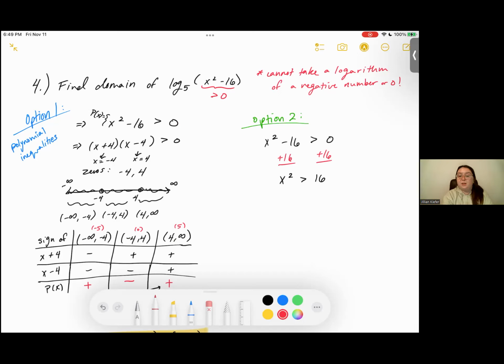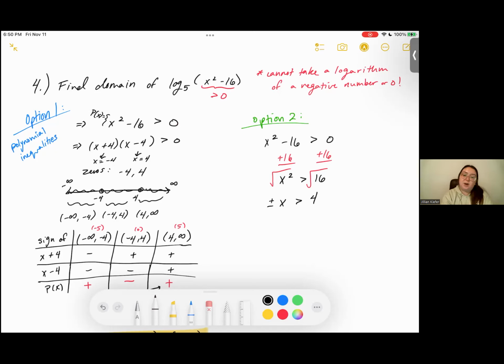The only way to get rid of the square is to take a square root. So we take the square root of both sides. And we would get x greater than, and typically this is where we would write plus or minus 4. Instead, we're going to write plus or minus x instead.